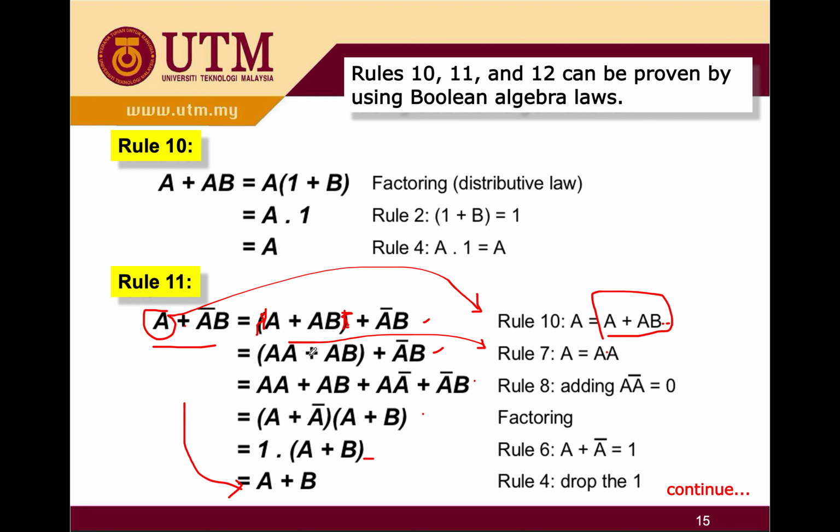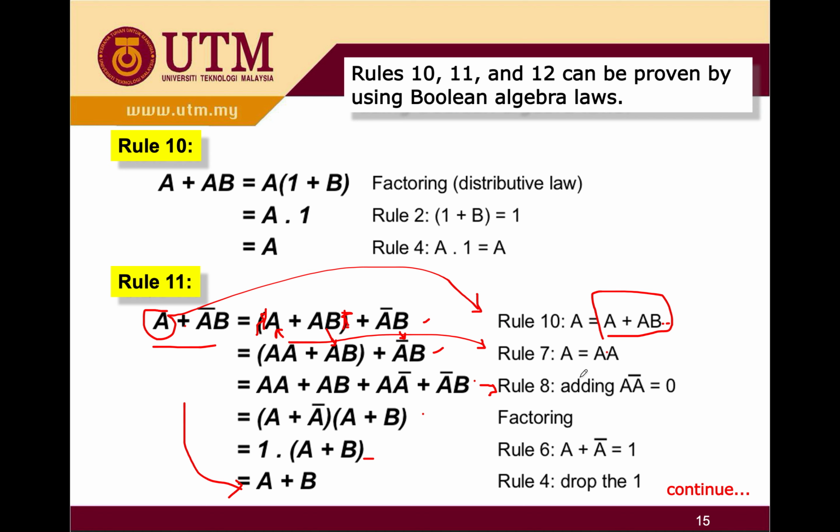So over here you get A dot A, you will have a similar A, and you just drag it below AB, and you have similar also for this part. Now when you have this, you can also use rule number 8, which is adding A bar B equal to 0.